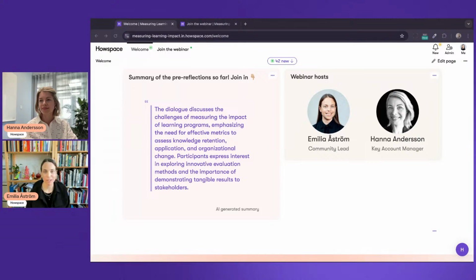And you also expressed interest in exploring innovative evaluation methods and the importance of demonstrating tangible results to stakeholders. And that's actually also what we have on the table for you today. We're also going to show some new innovative evaluation approaches that you can do in Howspace. So we're very excited to get into that.